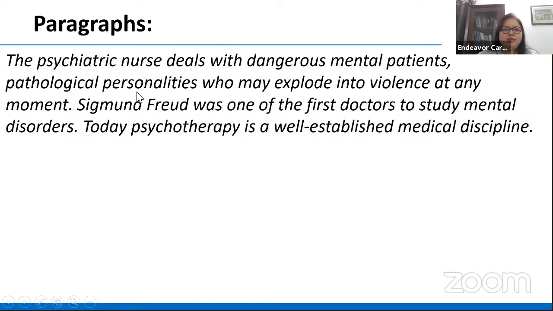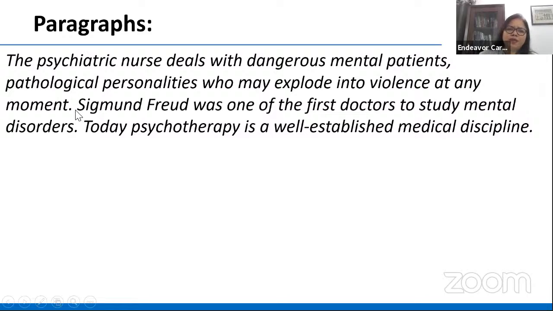The first sentence seems to talk about the psychiatric nurse dealing with dangerous mental patients. And then suddenly the second sentence seems to move into Sigmund Freud was one of the first doctors to study mental disorders. And then you find that the third sentence goes on to talk about psychotherapy being well established. It looks like there are some lines missing in between each sentence, right?